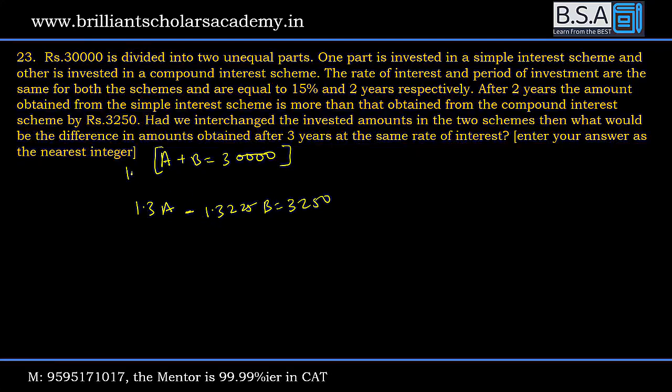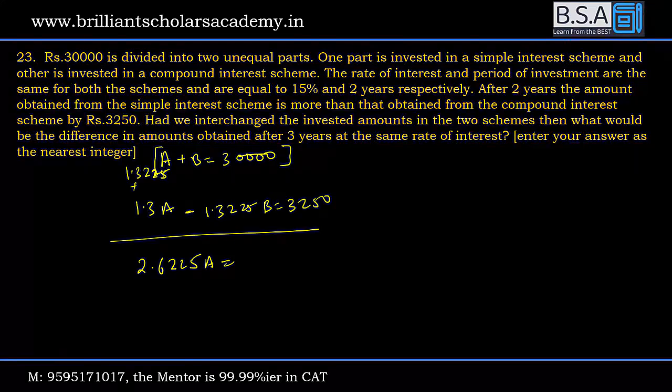So what you multiply is 1.3225. डेसिमल में खूब खेलना पड़ेगा और इनको ऐड कर दो. तो हो गया 2.6225a. b कैंसिल हो जाएगा. हाँ, वैल्यू फ्रेमिंग में इशू आ गया, वैल्यू ऐसा गड़बड़ फ्रेम हो गया यहाँ पे. 30,000 into 1.3225 प्लस 3250. तो ये a का वैल्यू होगा डिवाइडेड बाय 2.6225.